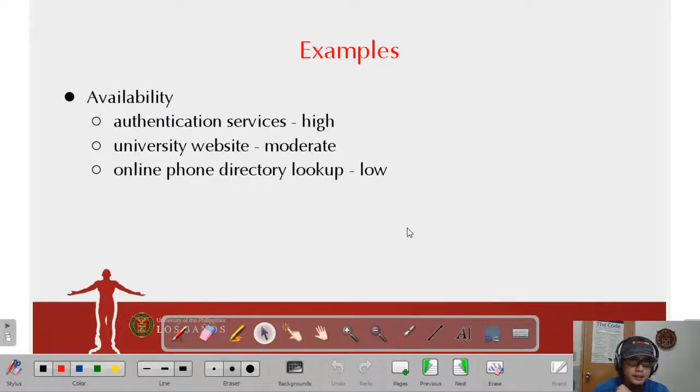Okay, the last one is availability. A loss of availability in authentication services can have a very high impact. An example of this is the Google login. Okay? A lot of third-party services allow you to authenticate using your Google account.